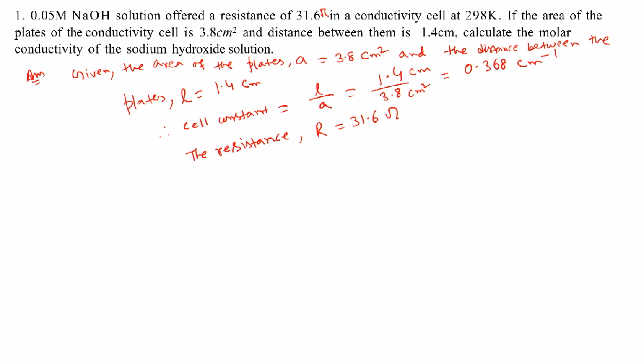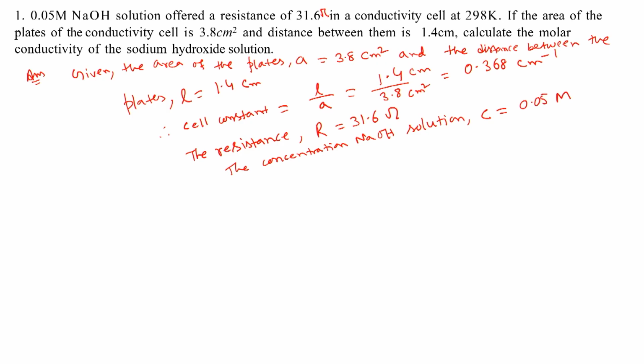And what else is given here? Here the concentration is given, okay. So the concentration of the NaOH solution, if we call it C, is 0.05 molar, right.